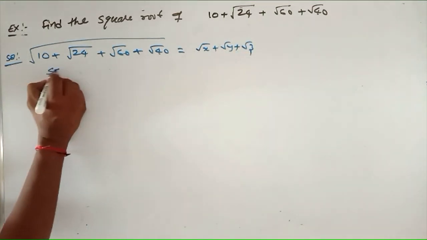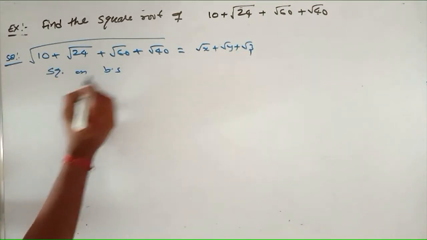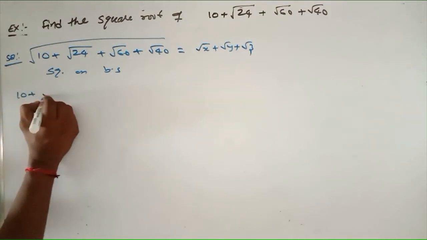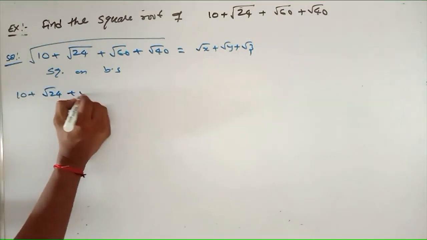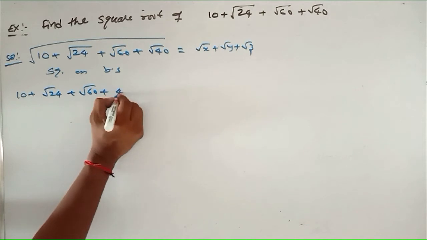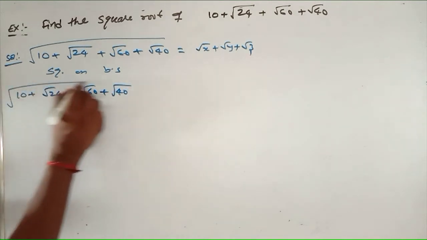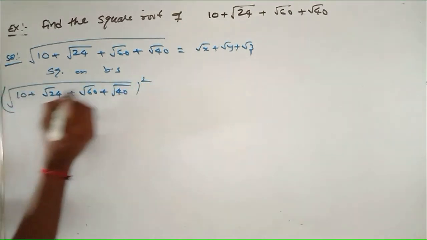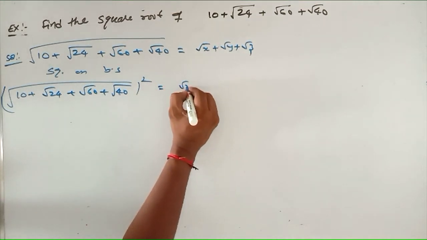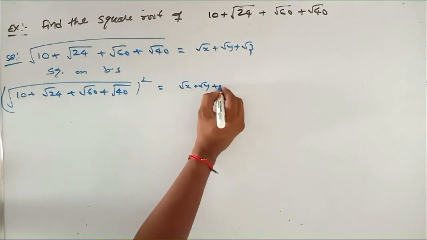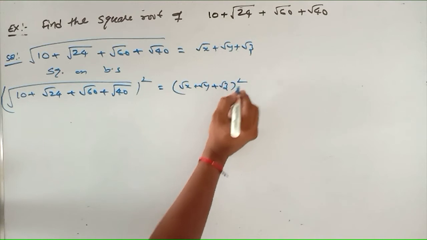Now squaring on both sides, that is 10 plus root 24 plus root 60 plus root 40 under root whole square is equal to root x plus root y plus root z whole square.